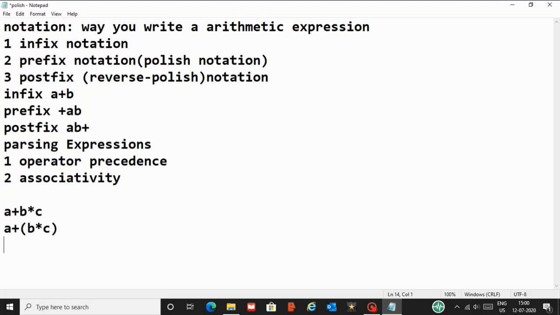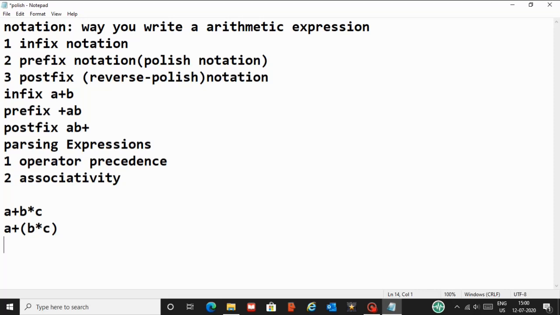When you have operators of equal priority appearing in an expression, which one has to be evaluated first is determined by the associativity of the operators.